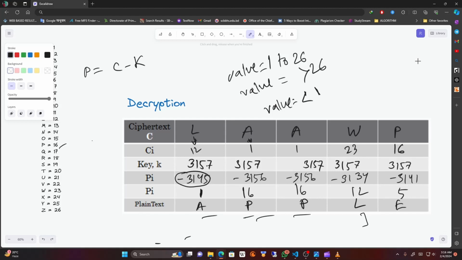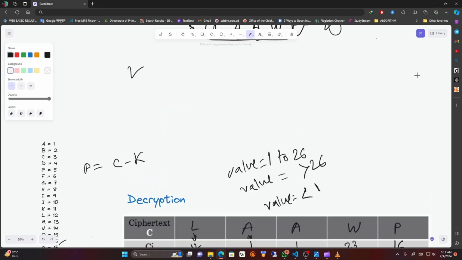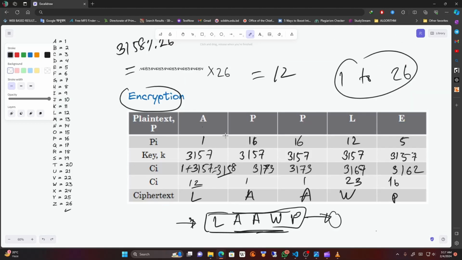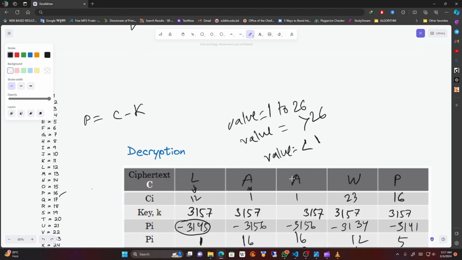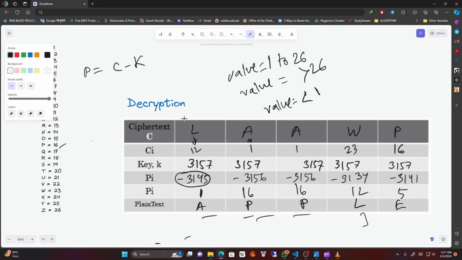So we can identify that after converting the ciphertext into plaintext, we get Apple, which is the message we initially began encrypting. Here we encrypted this Apple keyword and got LAAWP as ciphertext. Then we used this ciphertext, decrypted the message, and got Apple as a result.